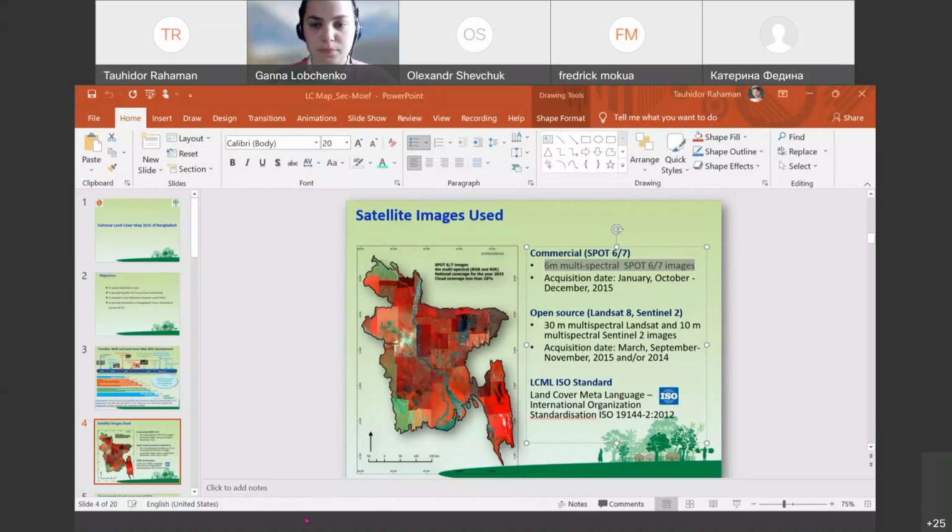So let me show you one. Okay. So this is our Bangladesh Forest Information System.